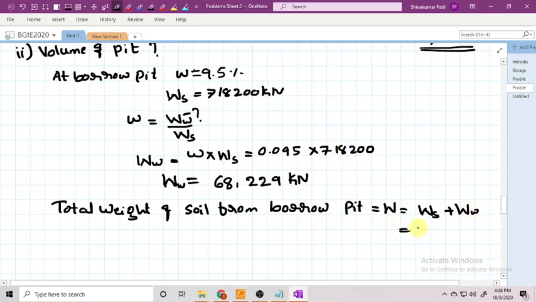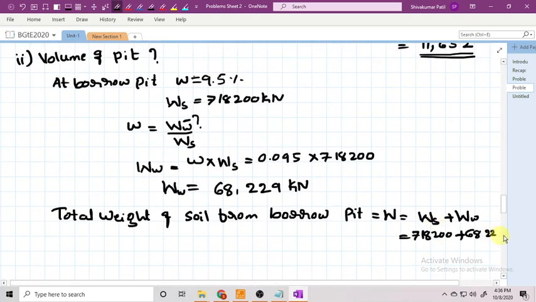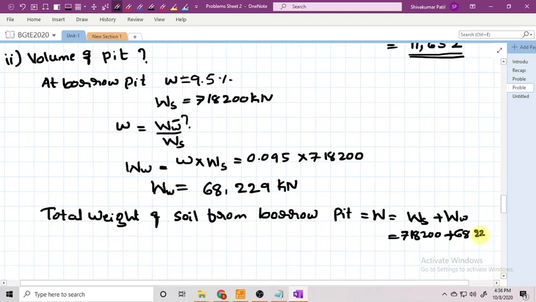So weight of solids is 7,18,200 kilonewton plus weight of water 68,229 kilonewton, which equals 7 lakh 86,429 kilonewton. This is the total weight of soil to be removed from the borrow pit.